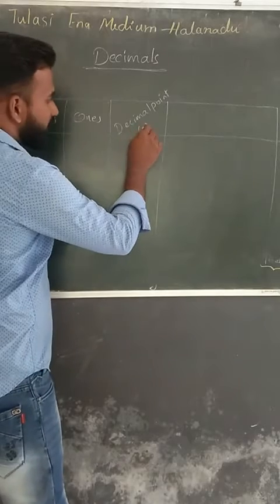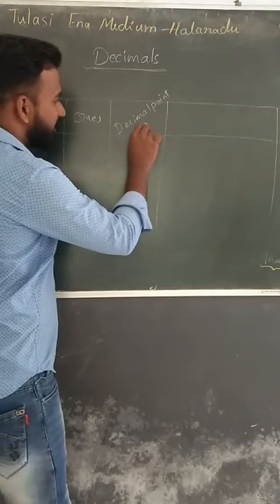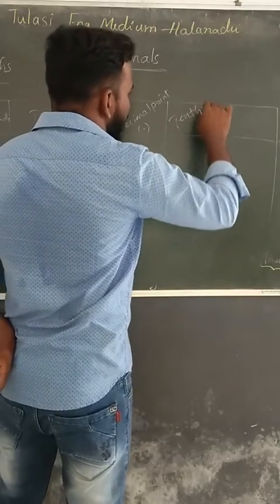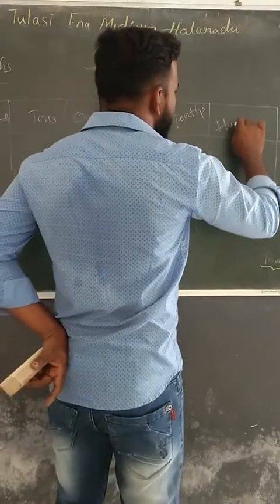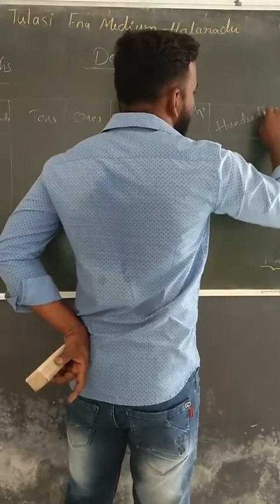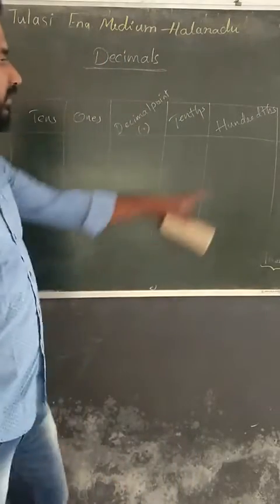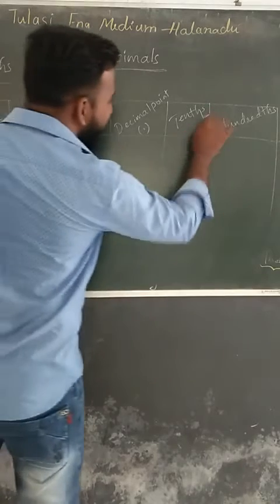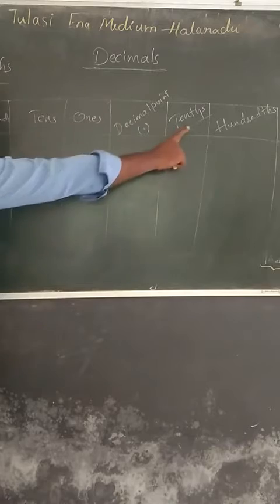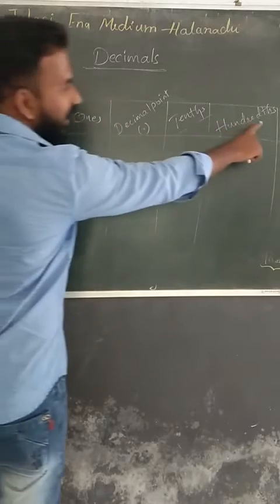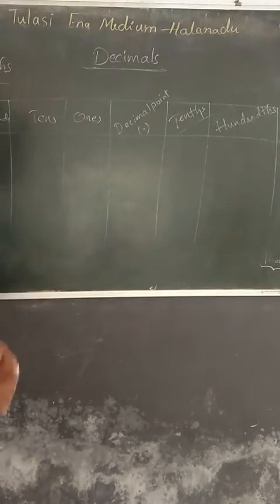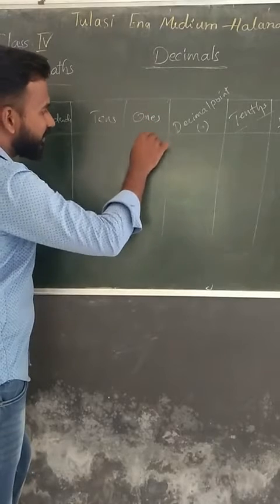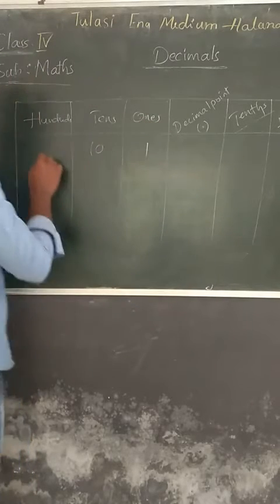But after ones, there will be a decimal point. This place is called tenths, hundredths, thousandths. So see the difference. It is tens, it is tenths, hundreds, hundredths. So see the value, the place value. Ones here is 1. It is 10.